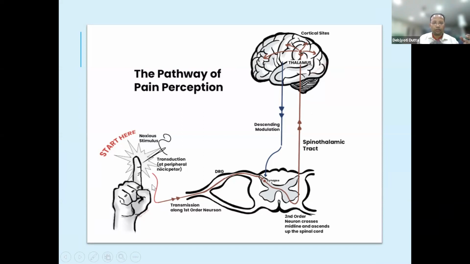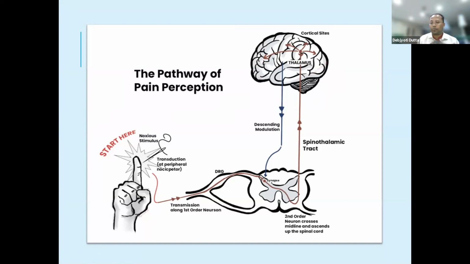Then the first order neuron carries this action potential to the dorsal horn, and from the dorsal horn of the spinal cord the second order neuron starts. It takes the pain signal to our thalamus and then the upper sensory centers. In this way we usually receive the pain signal.